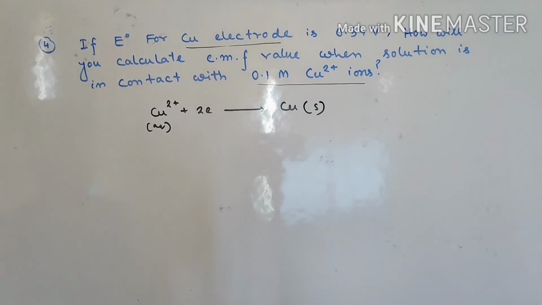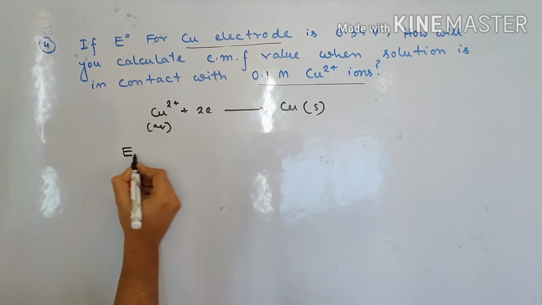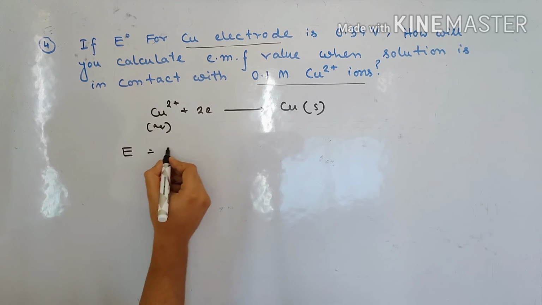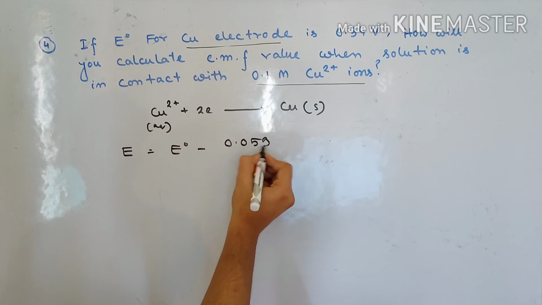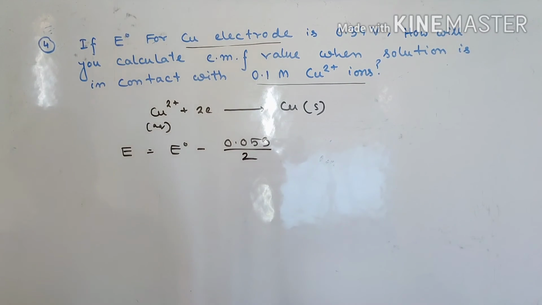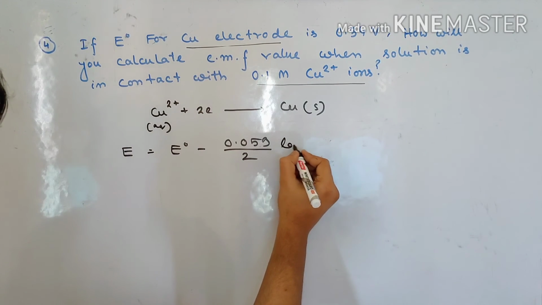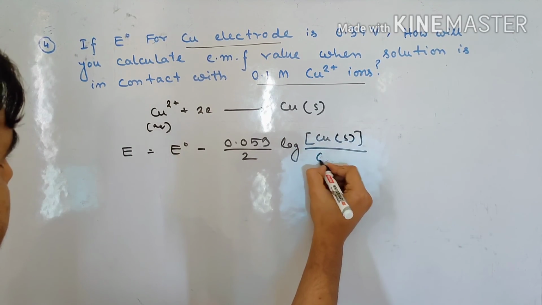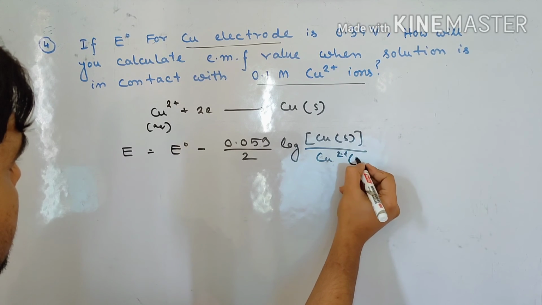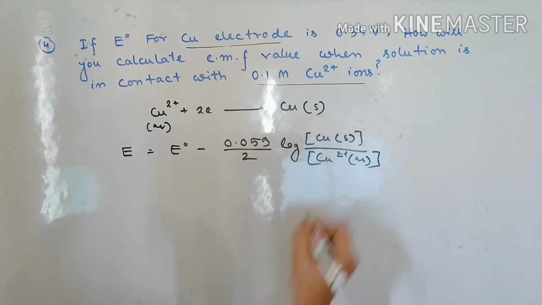I hope it is clear. So let us write down the Nernst equation. It should be E is equal to E0 minus 0.059 by N. Directly we are writing 2, log of copper divided by copper 2+ solution.